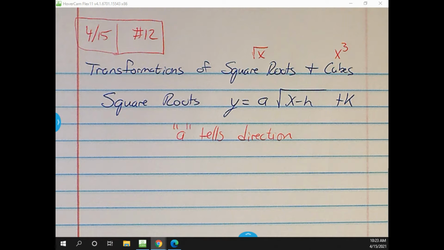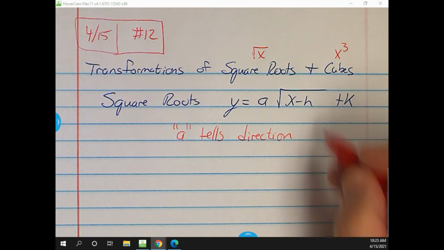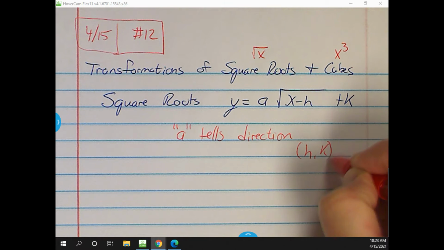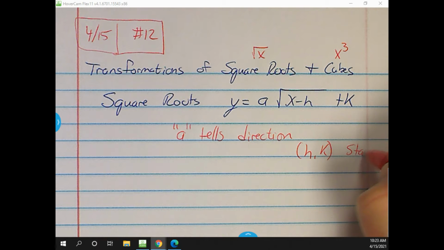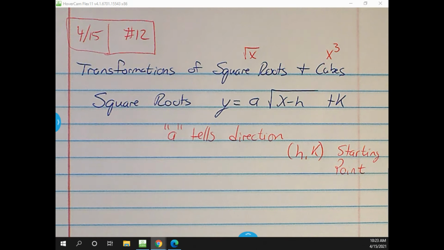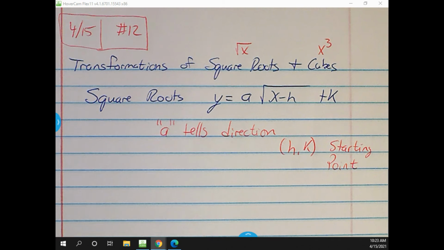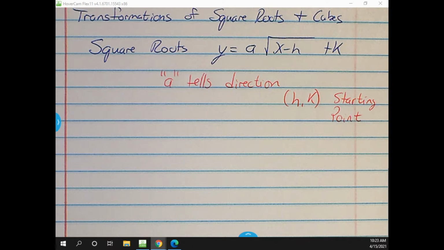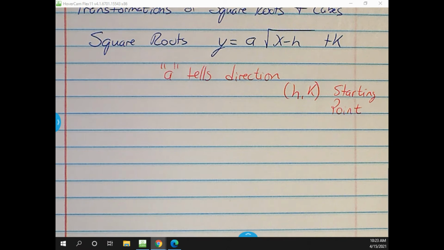And then the h and the k, it's not necessarily that it's a vertex, it's more of a starting point. With the other two graphs we were doing, it was the vertex. Today with square roots, it's more a starting point because there's not an actual vertex on this one.